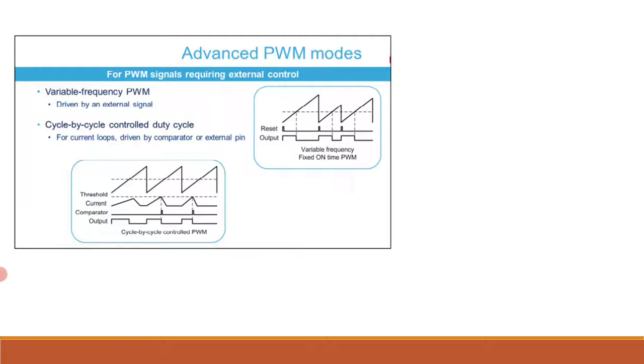In this case, a comparator monitors the peak current values into the load. As soon as the current exceeds a programmed threshold, the comparator resets the PWM output, which is then automatically restarted at the next PWM period, thus providing a controlled peak current value. Interesting, isn't it?